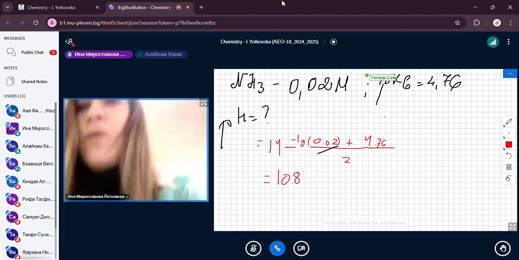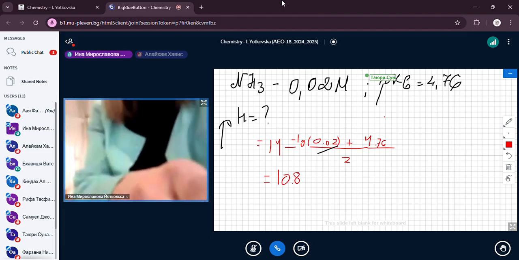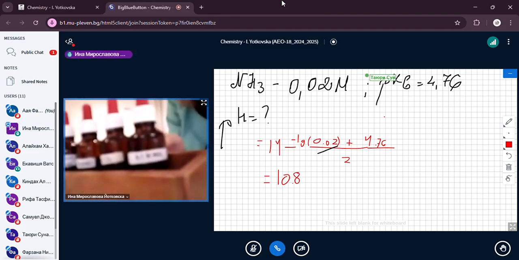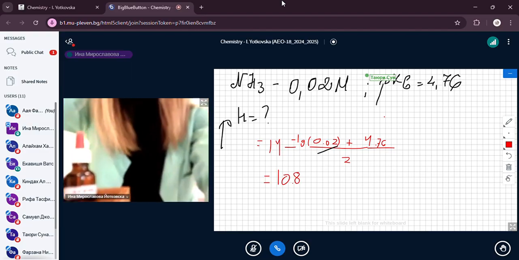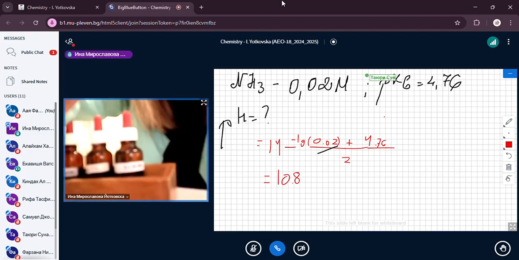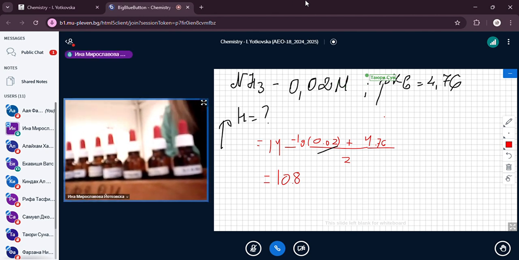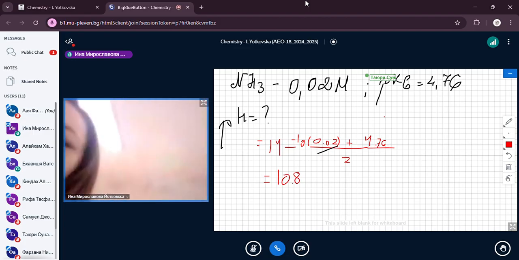No, I don't know how to fix it. This is something from the camera, but with these online classes it is like this. Very difficult, everything.